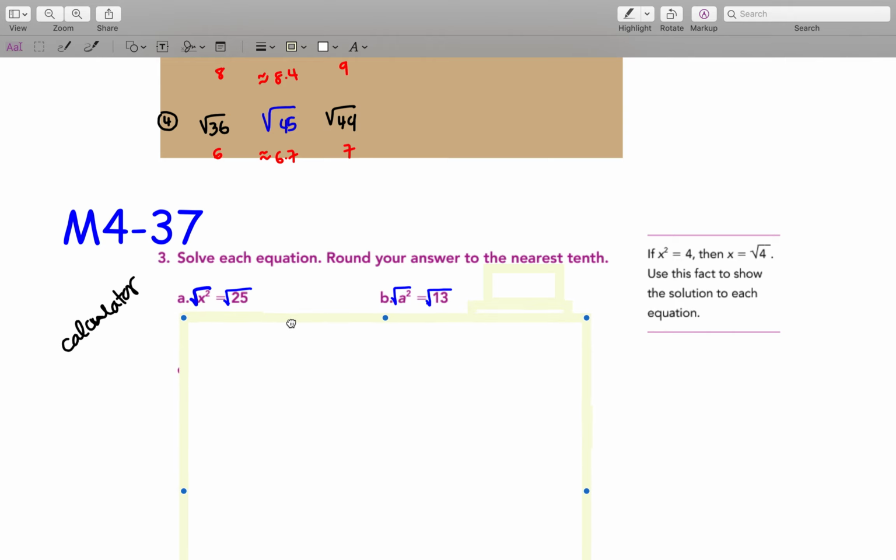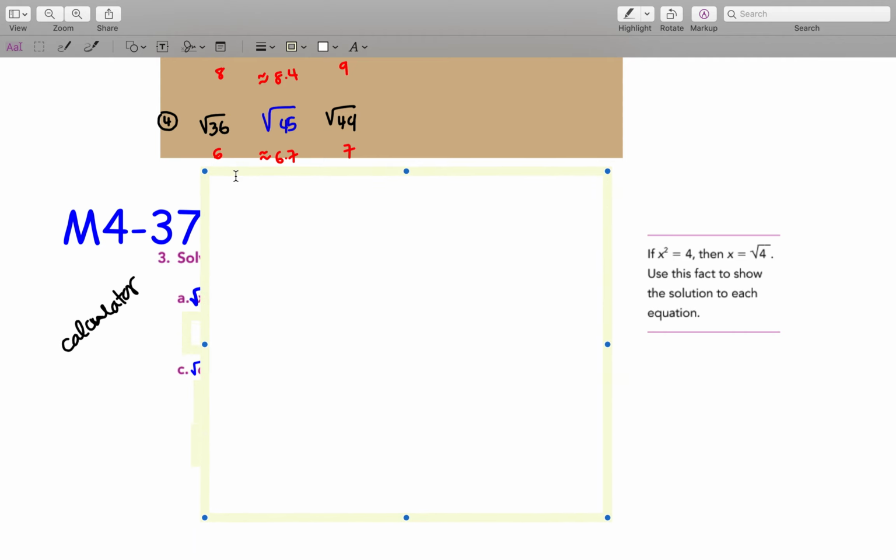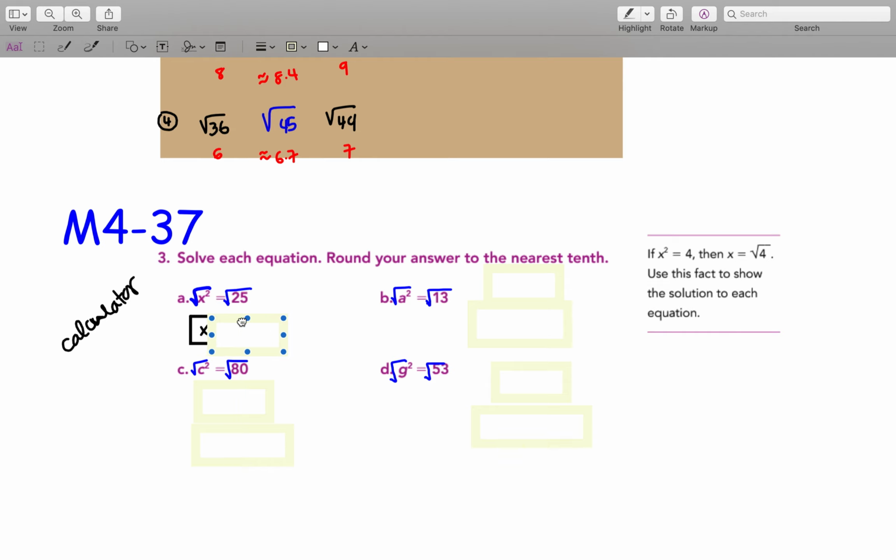Letter A: x squared is equal to 25. To cancel out the squared, you take the square root, the inverse operation. The square root of x squared is x, because x times x is x squared.